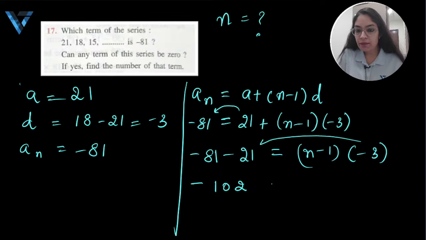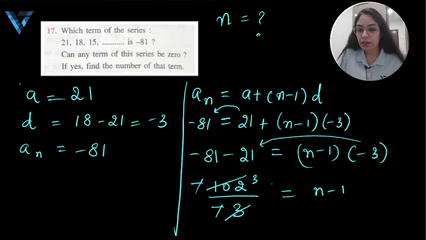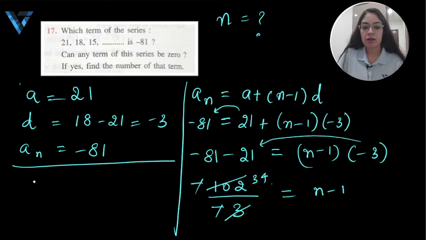And this minus 3, when we shift to this side, it will get divided. So this is equal to n minus 1. Minus and minus will get cancelled, so 34 is equal to n minus 1.